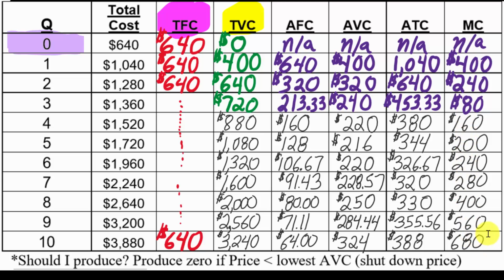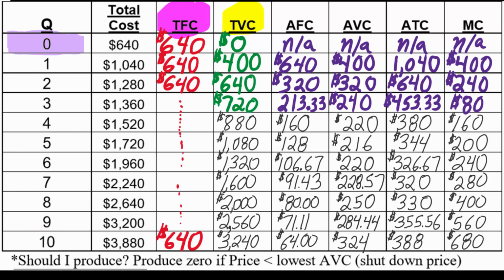One other little trick to help you when you're calculating these things and filling out these tables is that there are actually 2 ways you can calculate average total cost. The first way is what we were doing just a second ago, which is taking the total cost column and dividing it by the quantity. But there is another way.